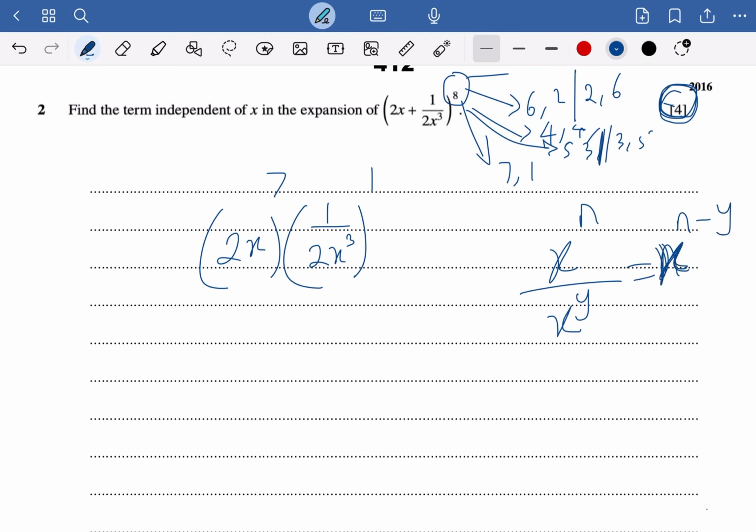So let's say I put 7. Let's deal with the x for now. So x7 divided by x3, it becomes x4. If they were asking for x4, this is my term. But I don't need x4. Now let's put 4 and 4. So x4 divided by x12.